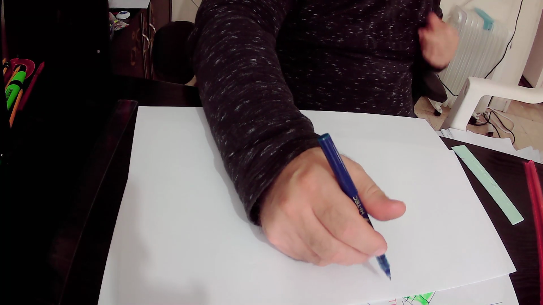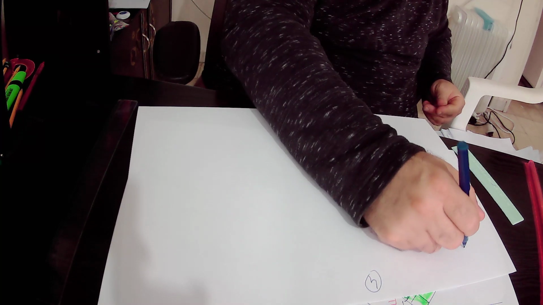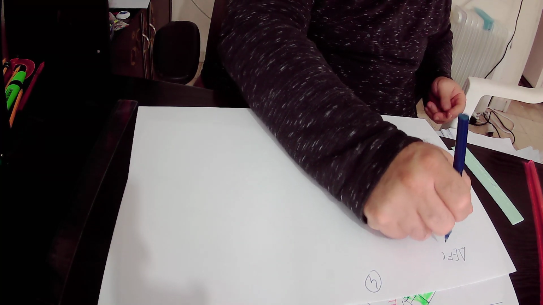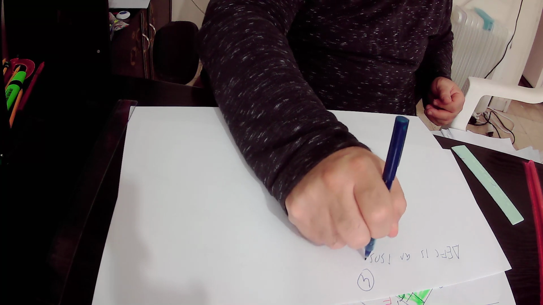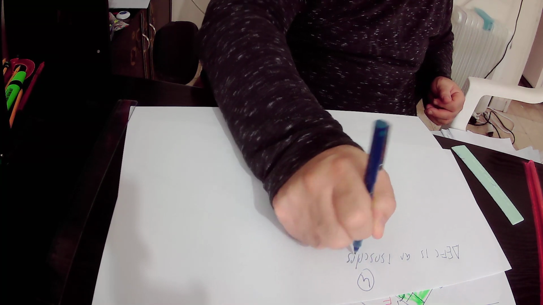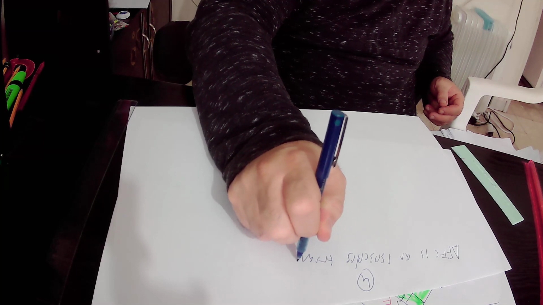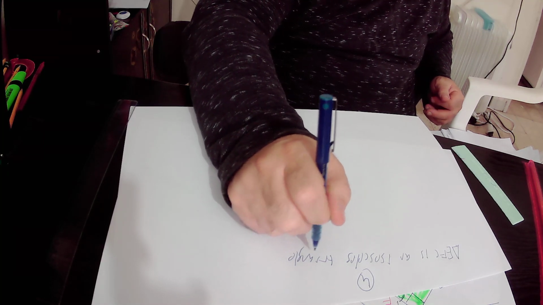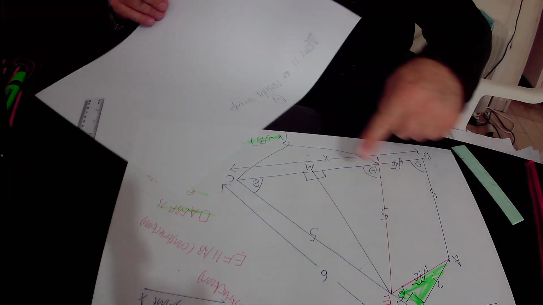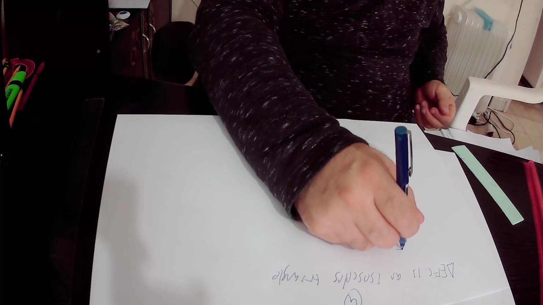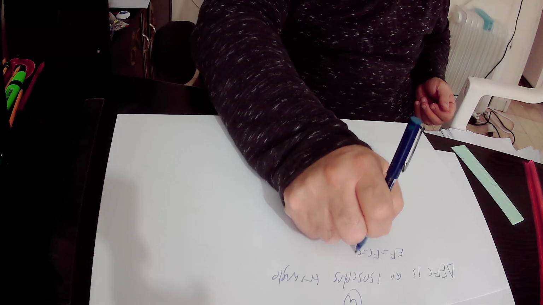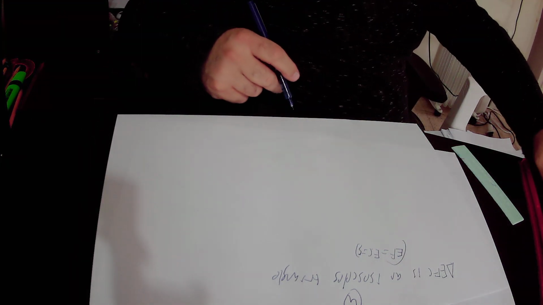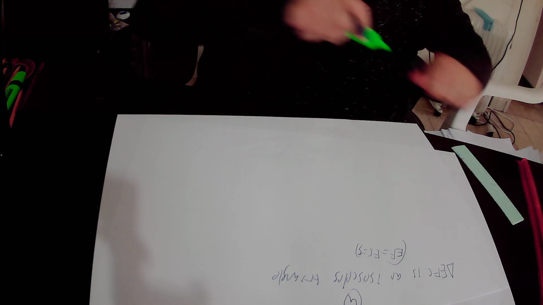So I write it down: triangle EFC is an isosceles triangle because EF equals EC equals 5 units.